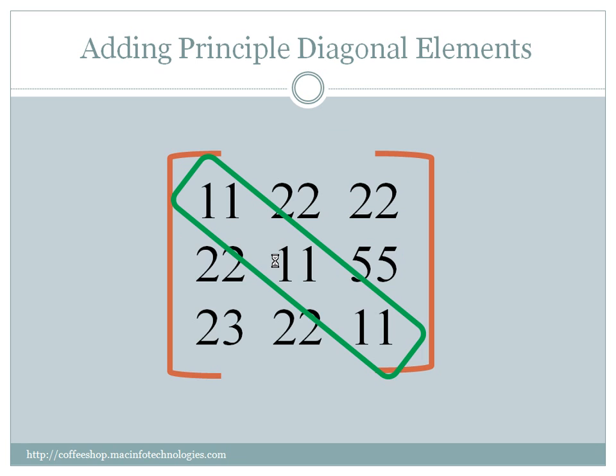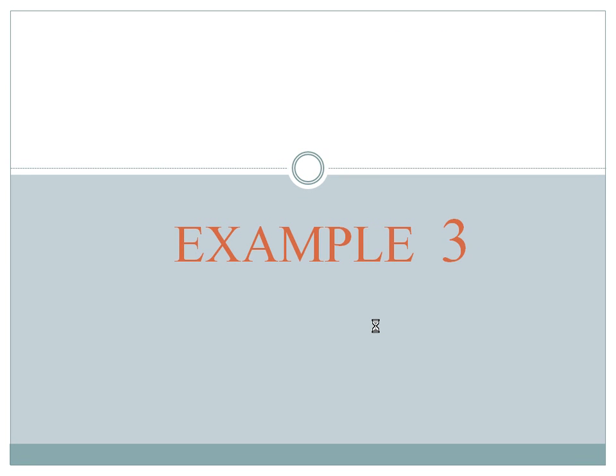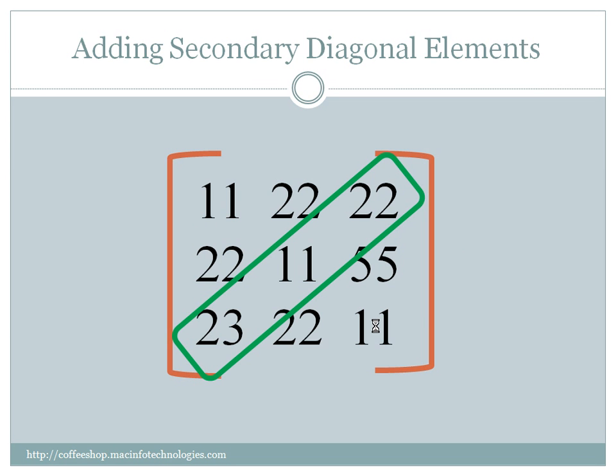So we'll see one more example. In this example, we have to add the principal diagonal elements of a matrix. If we want to add only 3 elements, how can we do that? We'll see that in a program in a few minutes. In the third example, we have to add the secondary diagonal elements, that is the elements at locations 0 2, 1 1 and 2 0.